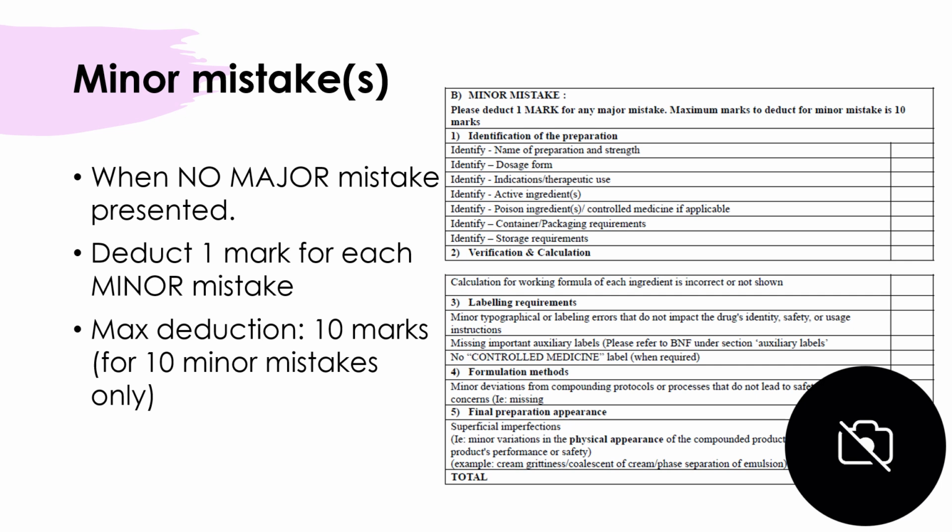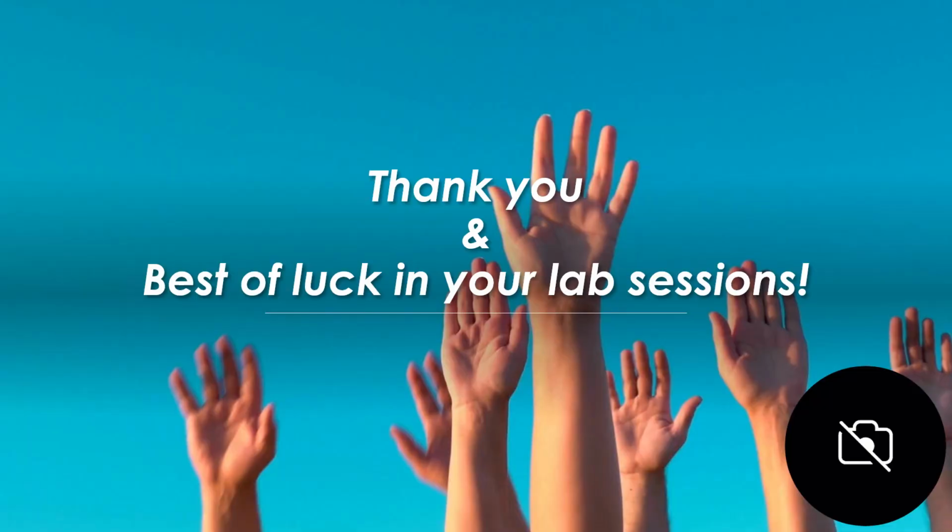While in minor mistakes, whenever you did not do any major mistake, we will deduct 1 mark each for every minor mistake. Also, it has maximum deduction of 10 marks, which is for 10 minor mistakes. So all in all, you will be left with 5 marks in the end of the day.